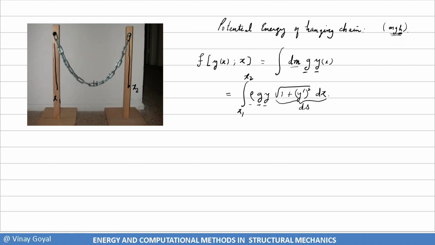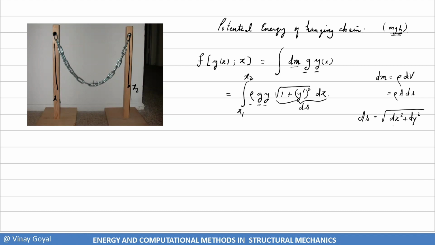And mass is really rho times d volume. So dm is rho times d volume. I've ignored the cross-sectional area of this chain. We could include it, but what we've done is basically rho A and then ds. And we know what ds is; we derived it earlier. So ds is the square root of dx squared plus dy squared.